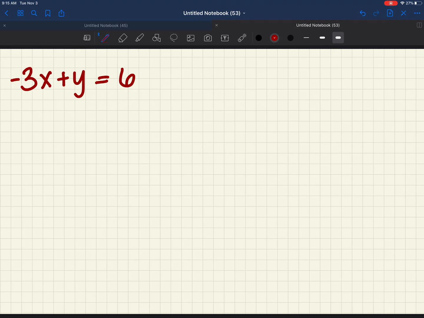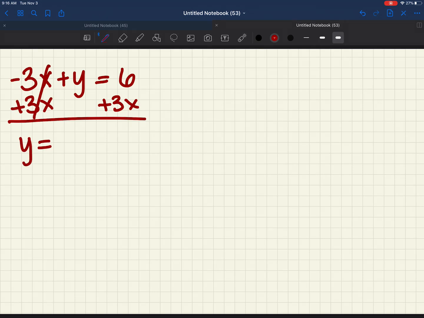So is there a way that I can change this equation to be in slope-intercept form? It would only take me one step. Add 3x, because I want y equals mx plus b. So all I need to do is move 3x to the other side. Can I actually add 3x and 6?